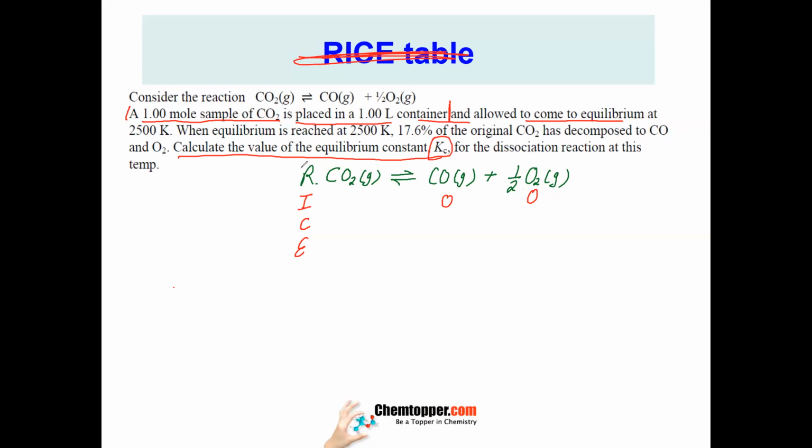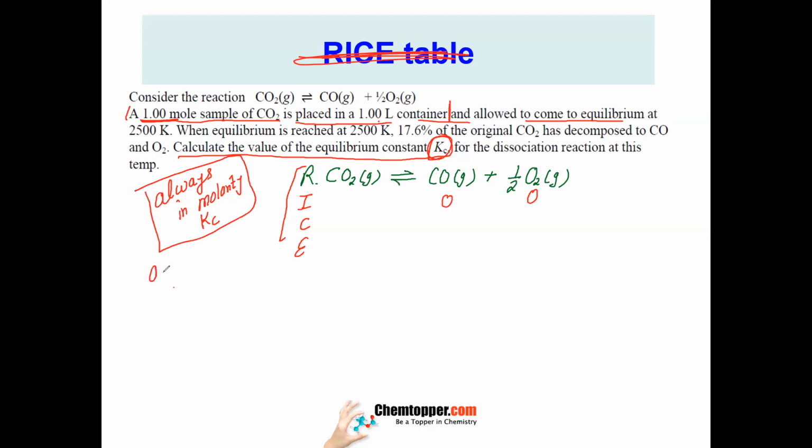But in a RICE table, they're always in molarity or pressures. Always in molarity. Do not make this error in the exam. Like here they have given me 1 mole in 1 liter, so I'll calculate the molarity of CO2. Always in molarity when you are working with Kc. This Kc, C means concentration.